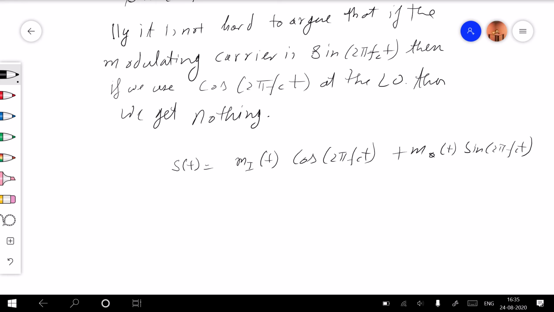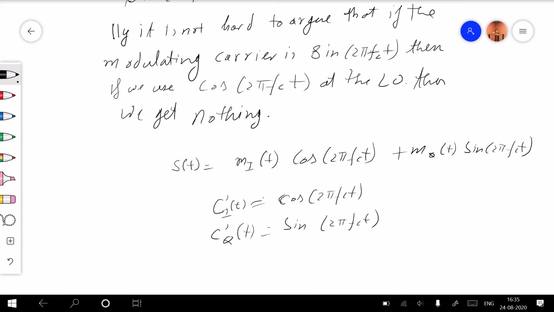So now let's say I generate two carriers, C prime I(t) equals cos 2 pi fct and C prime Q(t) equals sine 2 pi fct.